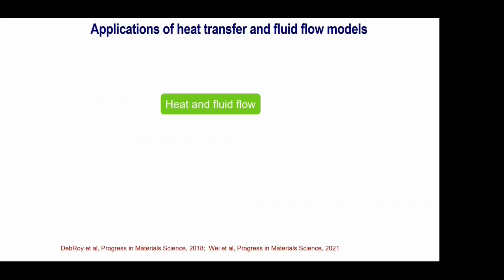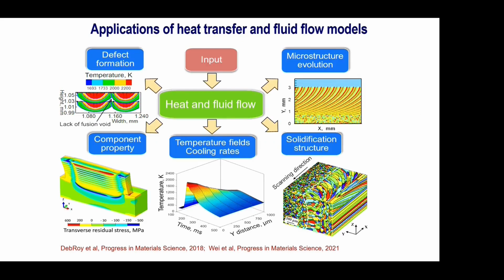To summarize, applications of heat transfer and fluid flow models are gaining traction in understanding the evolution of microstructure, the solidification structure, whether the grains are columnar or equiaxed, and we can also do calculations in 3 dimensions.